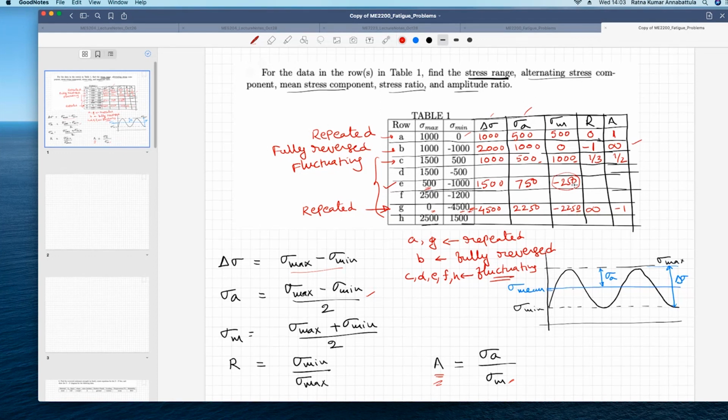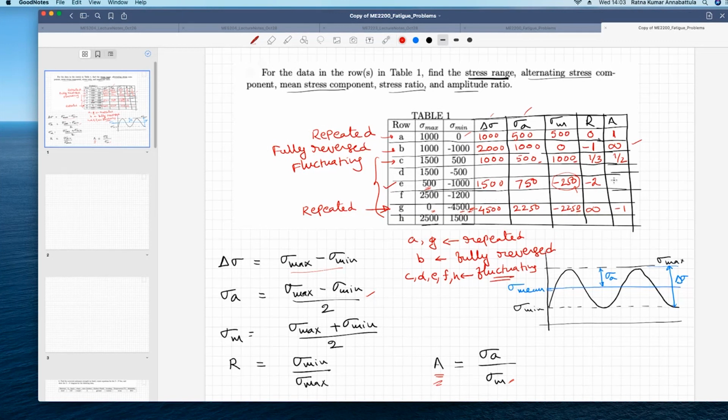Why are we focusing on this negative compressive stress? Because we said that when we are talking about fatigue failure, when the stress state is compressive, the crack does not propagate. So that is why I am showing these special cases. And then stress ratio is sigma min by sigma max, that is minus 2. So sigma min is minus 1000 and max is 500.